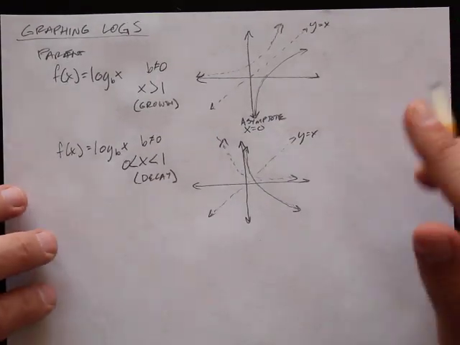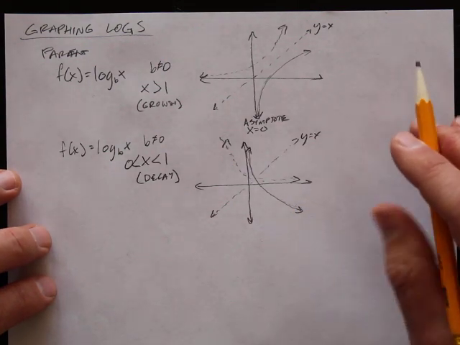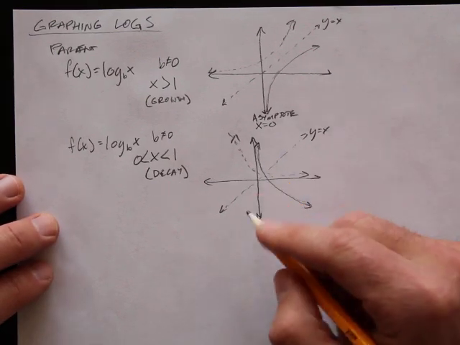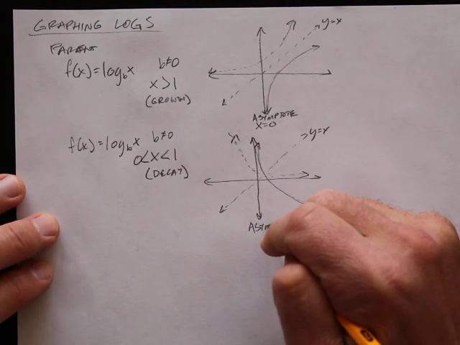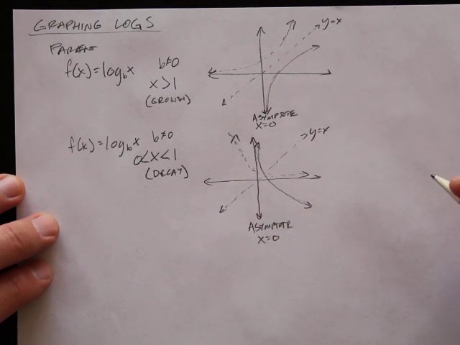There it is. So this is decay. Again, the asymptote is x equals 0.